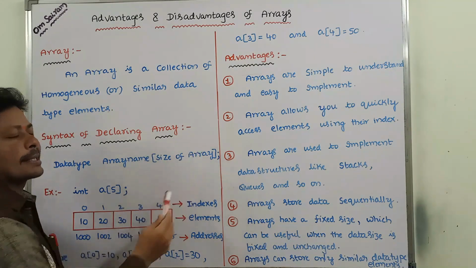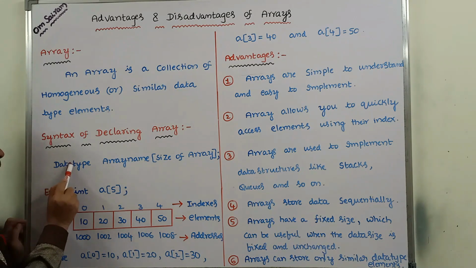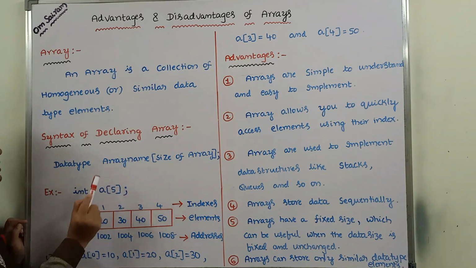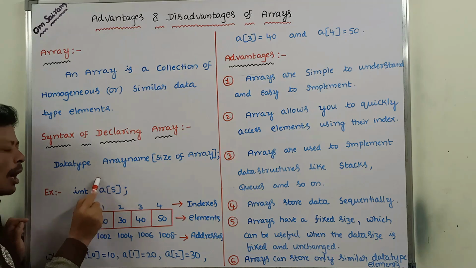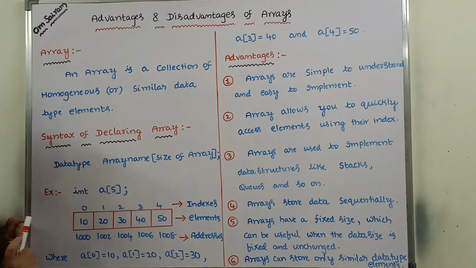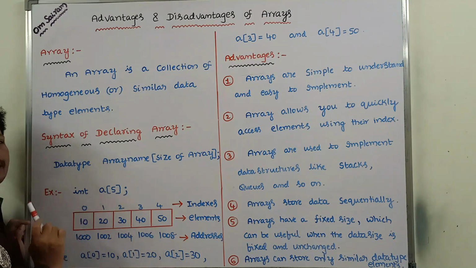For example, int a[5], where the data type is int, the array name is a, and the size of the array is 5. So we want to store 5 integers in that array, for example the integers 10, 20, 30, 40, 50. For that purpose, we declare int a[5].